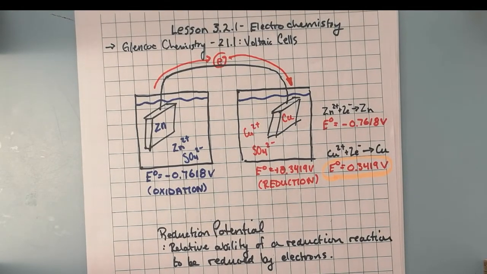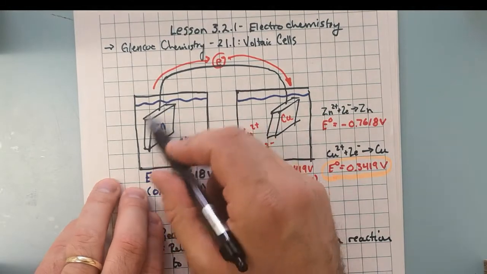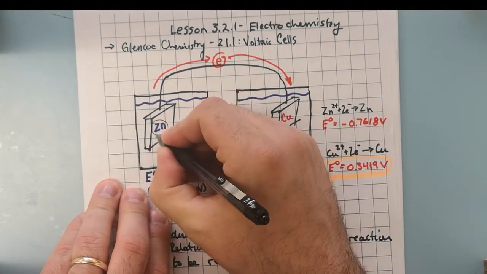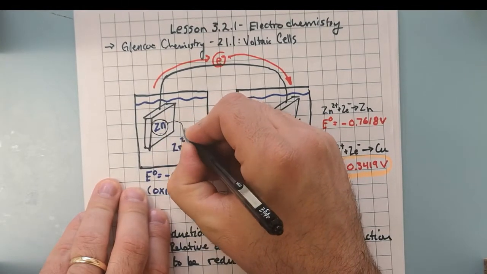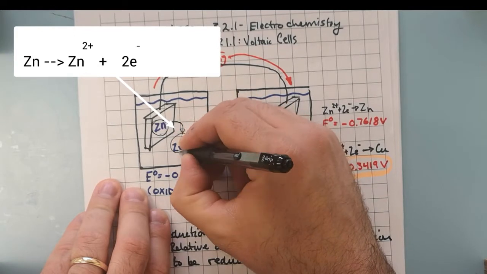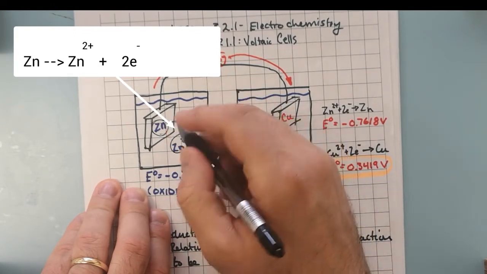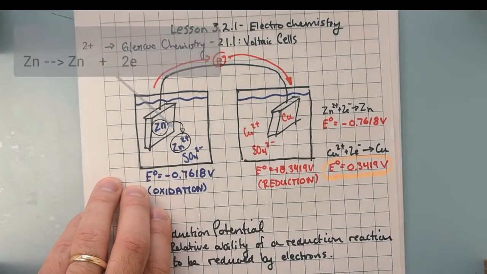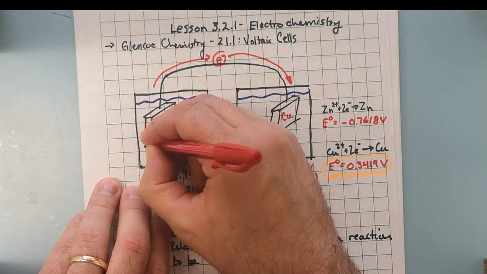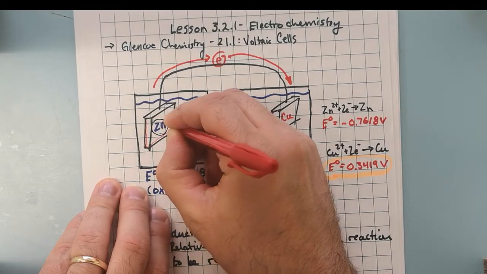What does this look like? Well, this means that our zinc electrode, which is made up of billions and billions of zinc atoms, is going to be oxidized to form zinc 2+ ions in solution. So our zinc electrode is actually going to be diminished. It's going to get smaller. It's going to get eroded. It's going to get used up.